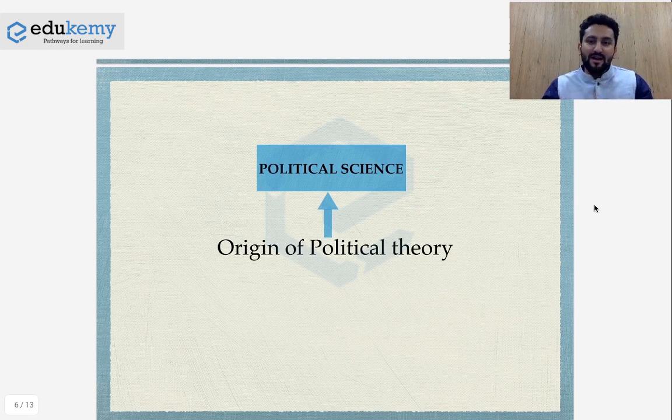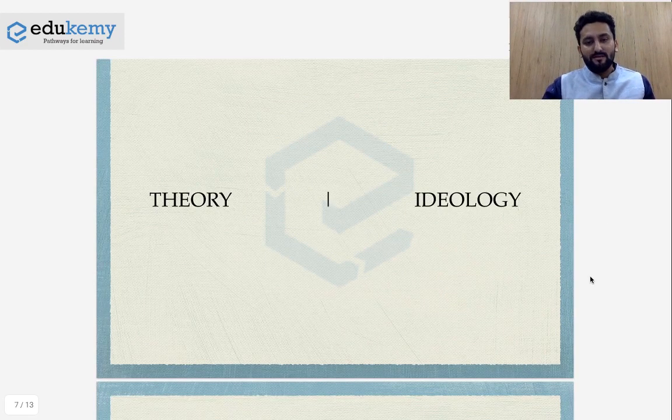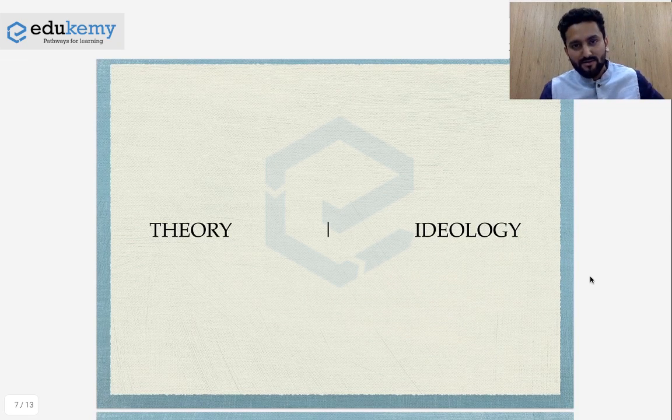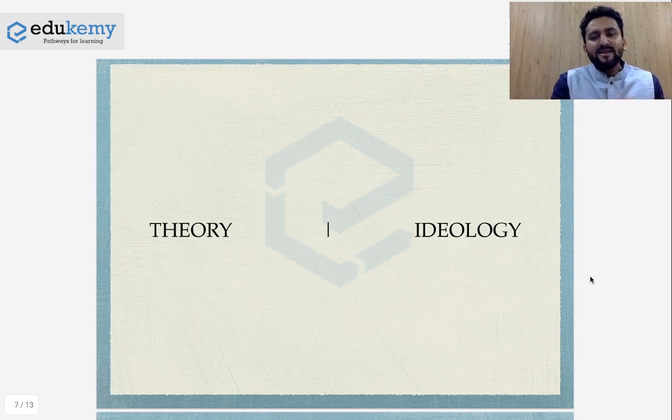However, I would request you to question more why I'm saying that. When I'm using the word theory, generally there's another word called ideology. So many people use these two words interchangeably. Okay. But there is a difference between theory and ideology.